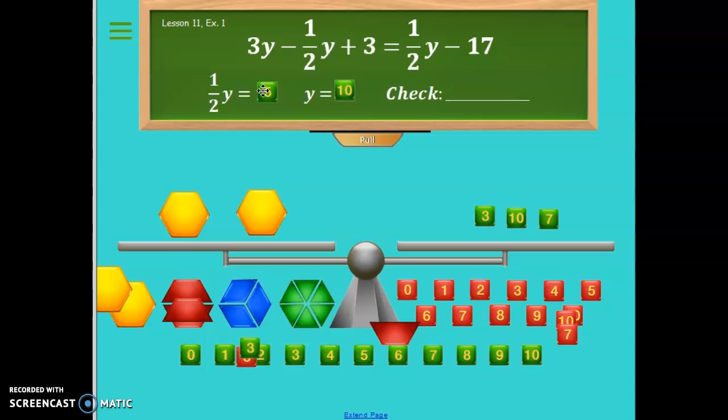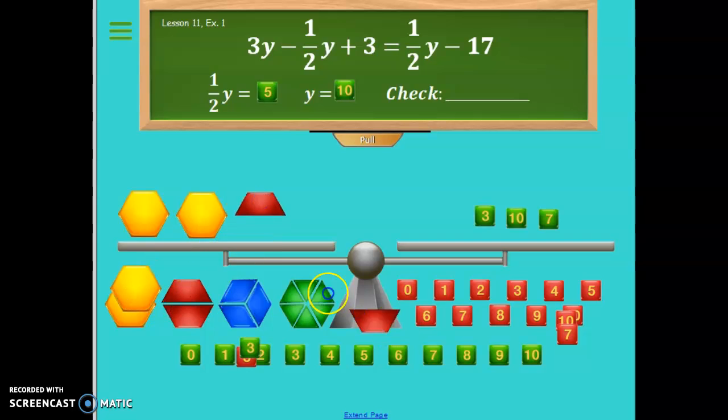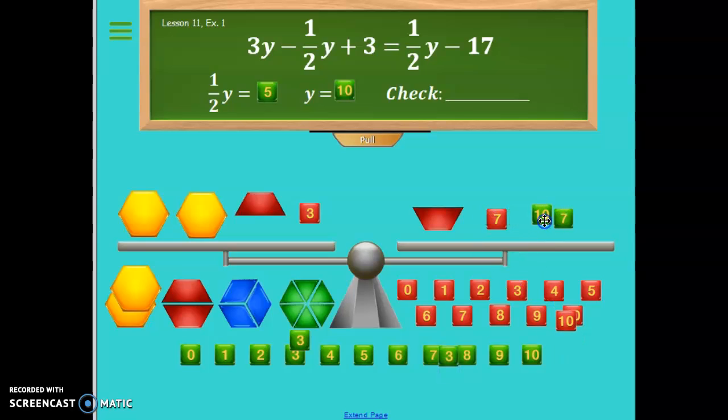Now we are going to go back to our original physical setup so that we can check our work. So I'm just going to set the problem back up again. Plus 3, oops, plus 3, 1/2 of y minus 17.